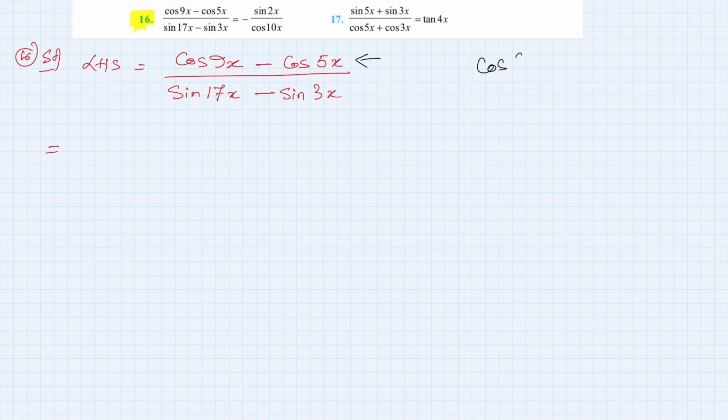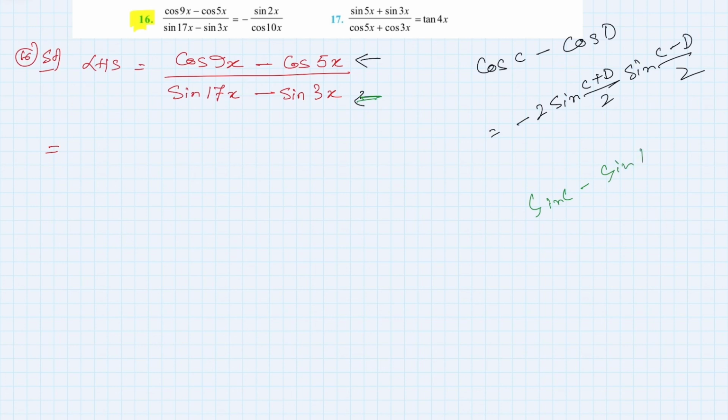Now apply the cos c minus cos d formula, that's equal to minus 2 sin (c plus d) by 2 sin (c minus d) by 2. For the denominator you can use sin c minus sin d, that's equal to 2 cos (c plus d) by 2 sin (c minus d) by 2. Let us use these two formulas.